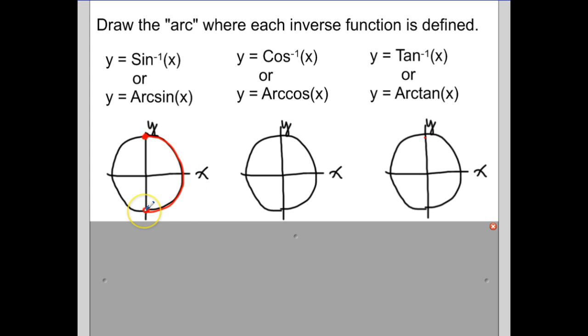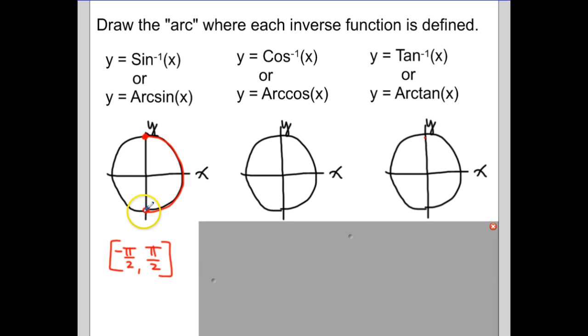Remember, it's an arc for which sine is defined. So there's only one value of each number for sine, each y value between negative 1 and positive 1 within that arc. And of course, isn't that between negative pi over 2 to pi over 2? That's what we saw the restricted range was before.